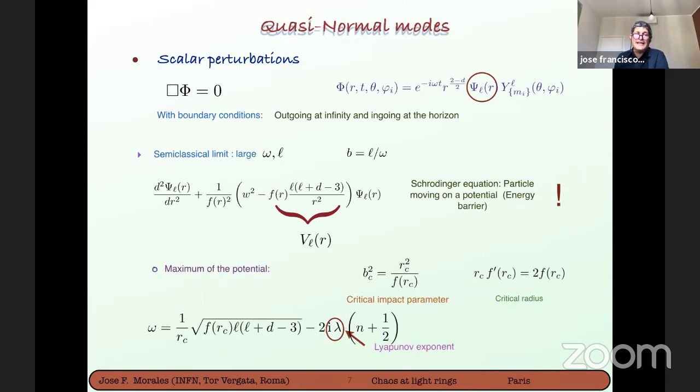And what you can see is that the maximum of this potential is precisely located at the black hole photosphere. You see, this equation is the same equation we found before when we were looking for critical light rays. And the value of this ratio at the maximum is precisely the critical impact parameter, okay?